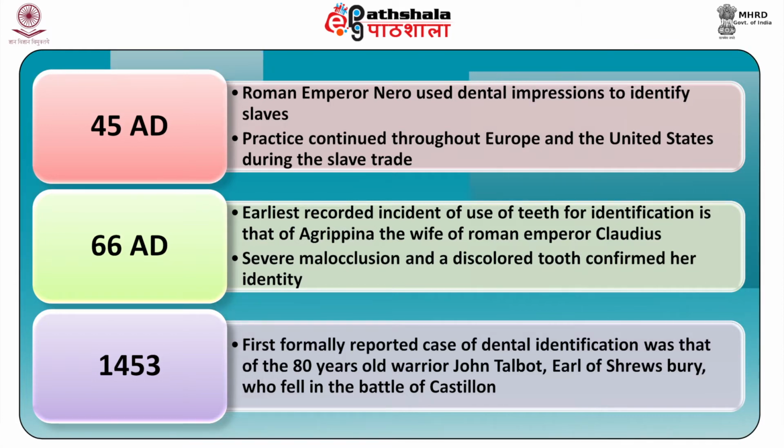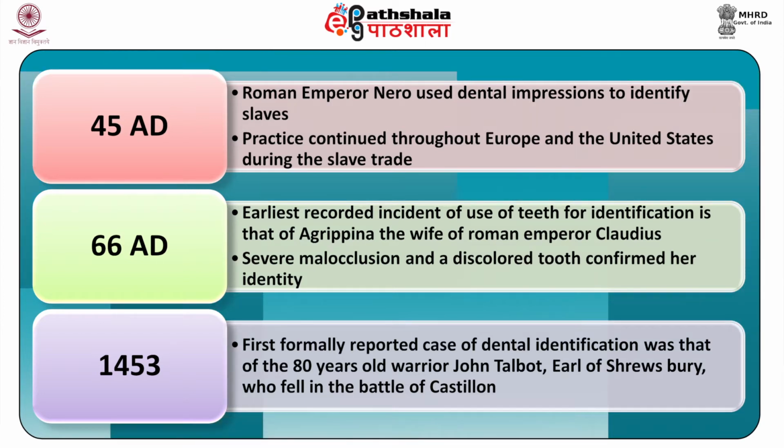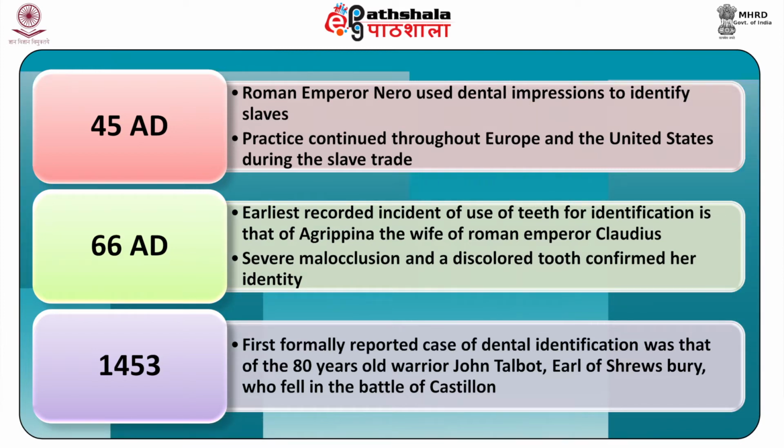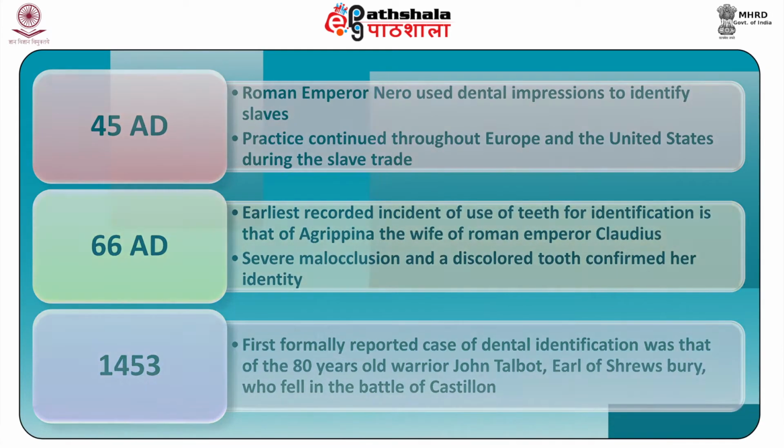Then there was a gap of around 1000 years. Then in the year 1453, the first formally reported case of dental identification was that of an 80-year-old warrior named John Talbot, the Earl of Shrewsbury, who fell in the Battle of Castillon.